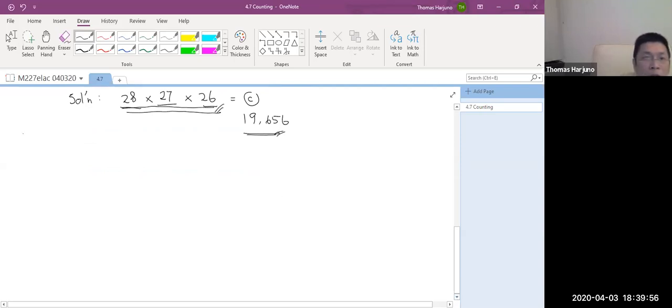Let me give another example. I think this is a type of example I usually give in class. Suppose I have a 7-digit phone number, or maybe PIN. Let's talk about PIN. An ATM PIN consists of 4 digits.